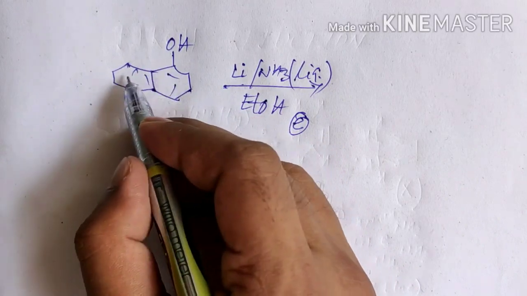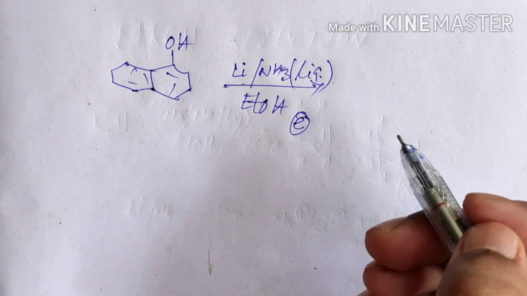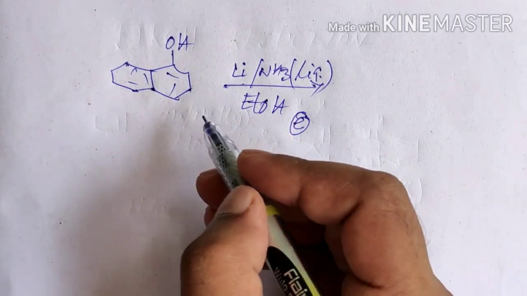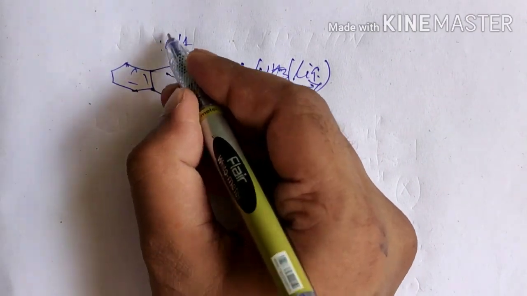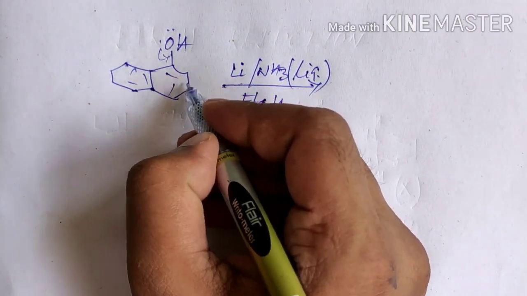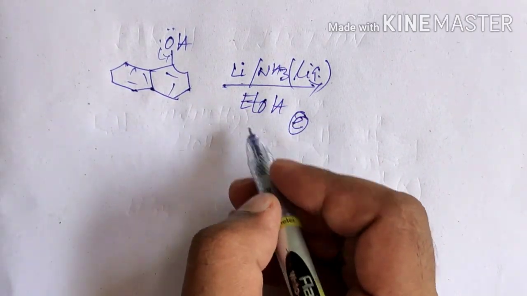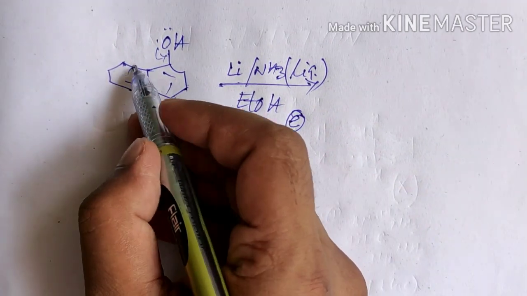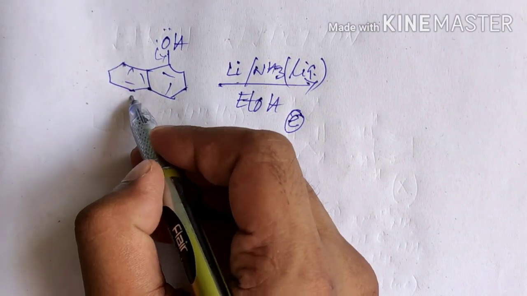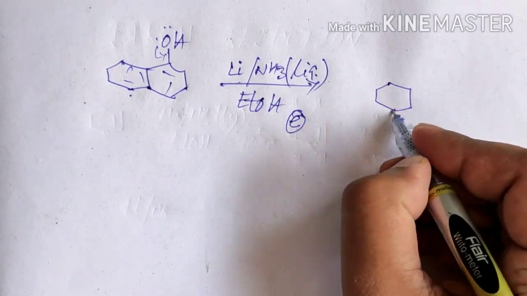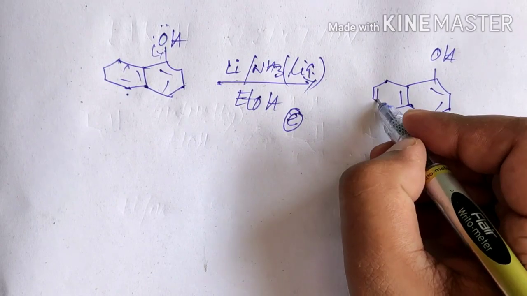So between these two rings, the ring which is less electron rich is where the electron will attack. Due to the oxygen lone pair, it will resonate with this ring and make this benzene ring electron rich. So reduction will mainly happen to the other benzene ring, and the electron will attack in the 1,4 orientation. So the product will look like this.